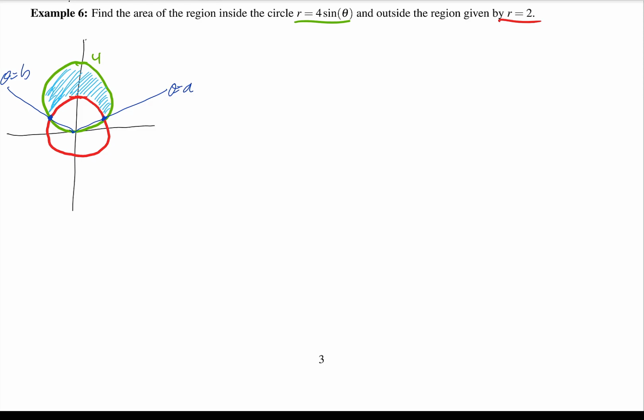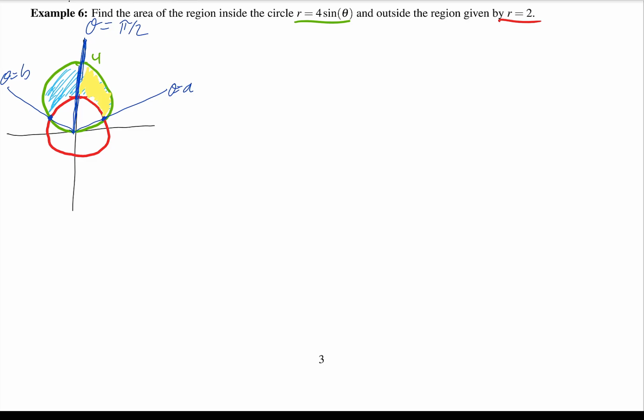So I'm going to cut it off right here. We're just going to find the area of the region on the right, and we can multiply by 2. So this is at theta equals pi over 2. The area that I'm actually trying to find is this region in here, and we'll multiply it by 2 to get the total region.